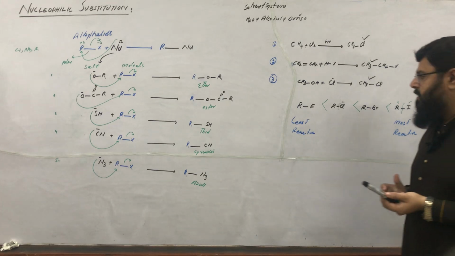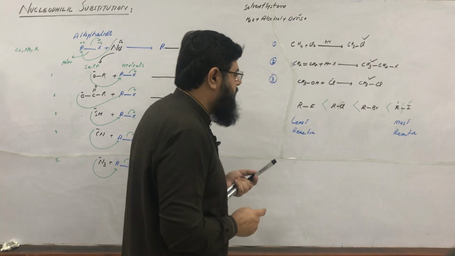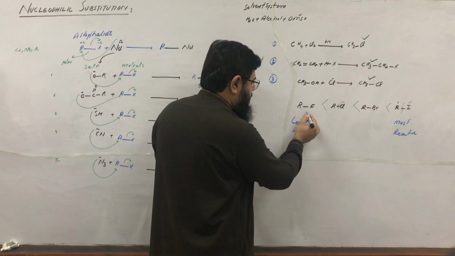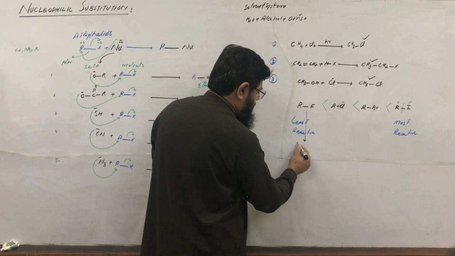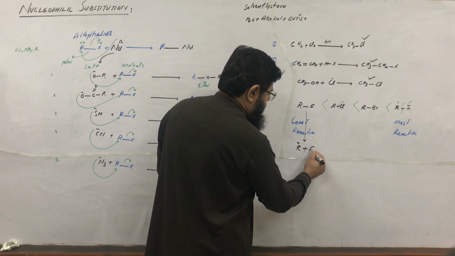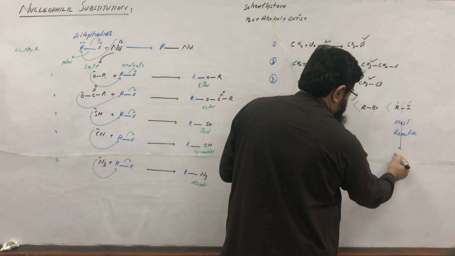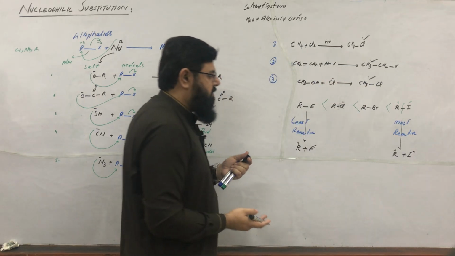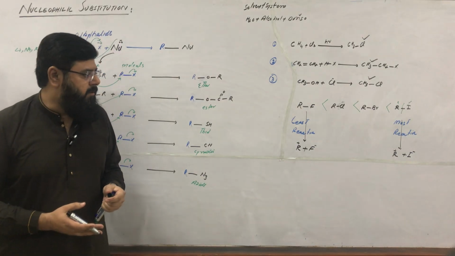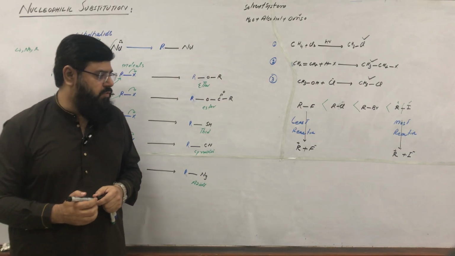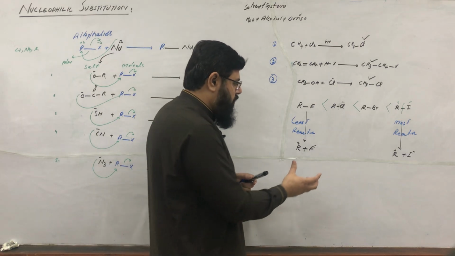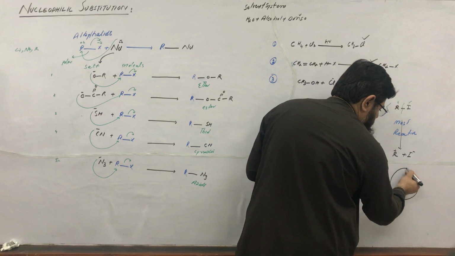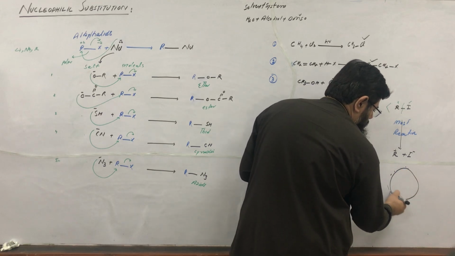Another factor that determines the reactivity after breakage of the bond is that the species produced should also be stabilized: R positive and F negative, or R positive and iodide negative. You are familiar with the concept of polarizability or distribution of charge. When there is a larger atom, the negative charge is dispersed over the whole atom.